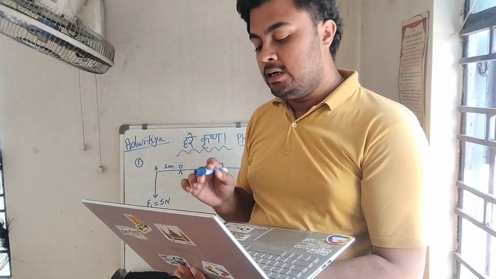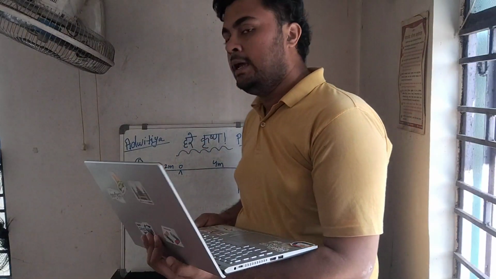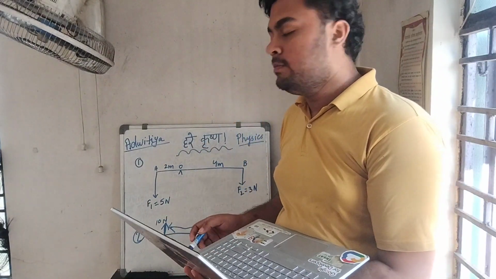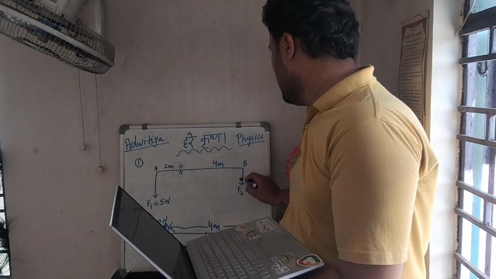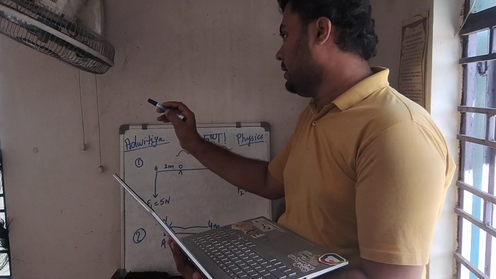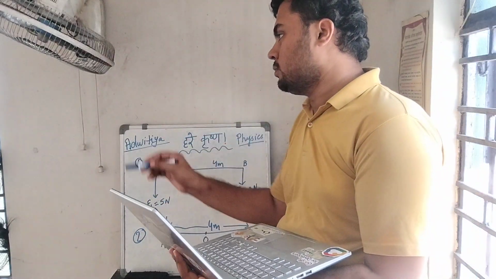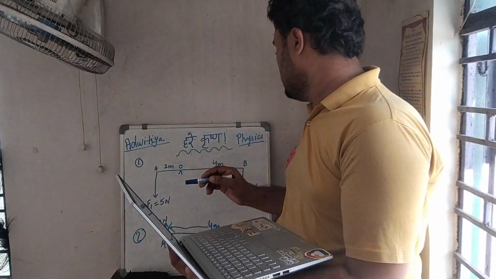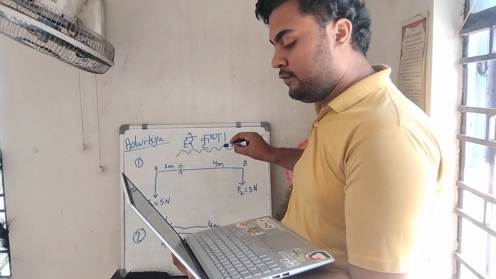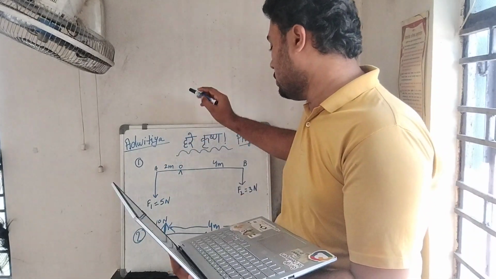Now we need to know the total moment of two forces about O. So here if you can see the diagram, this F2 is anti-clockwise, whereas this F1 is clockwise.